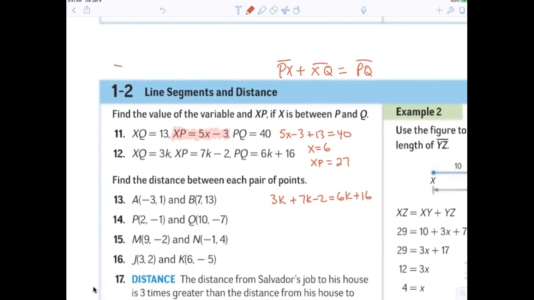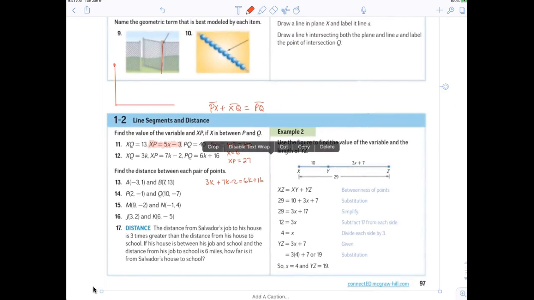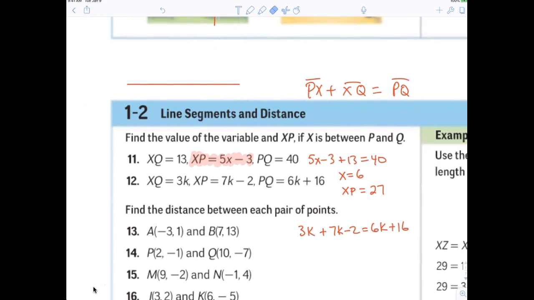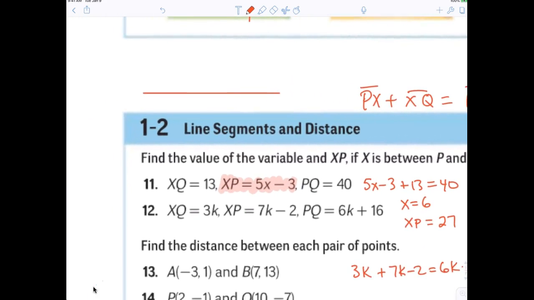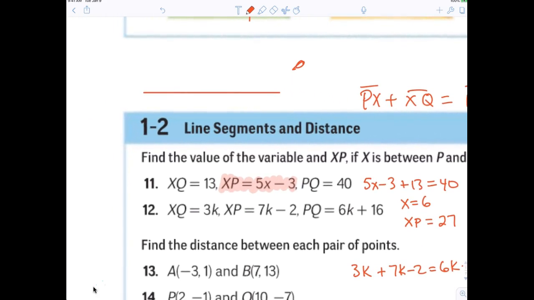Here, if X is between P and Q, therefore PX plus XQ equals PQ.